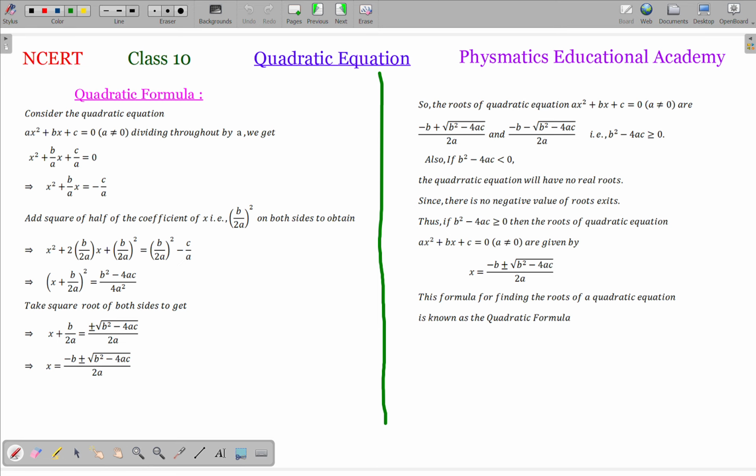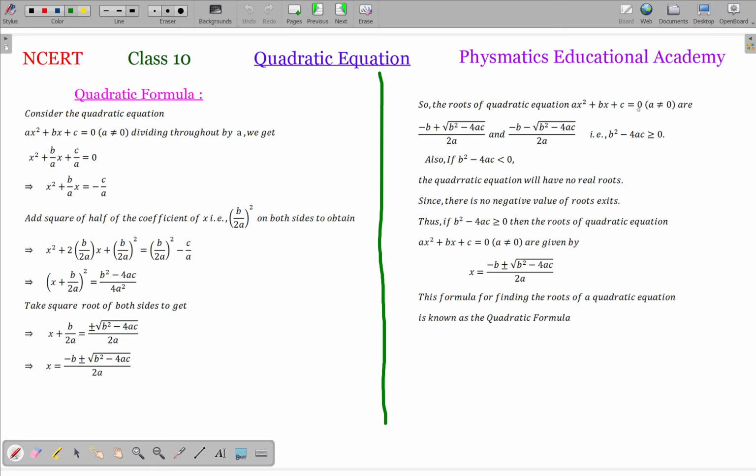Take the square root of both sides, we get x plus b by 2a equal to plus or minus the square root of the right side of the equation. Then further simplification, we get x equals minus b plus or minus root of b square minus 4ac by 2a.